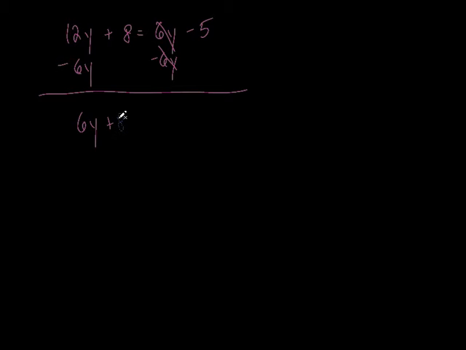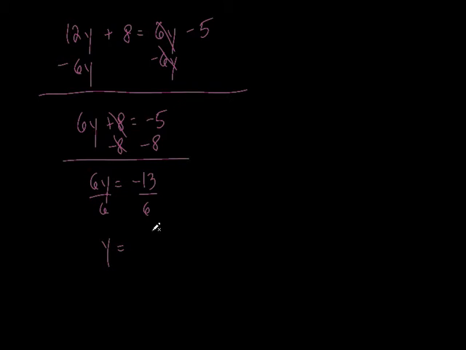Bring everything else down. Now this looks just like the problem that we did earlier, doesn't it? Alright, so I subtract an 8 from both sides. That cancels out. 6y is negative 13. Divide both sides by 6.